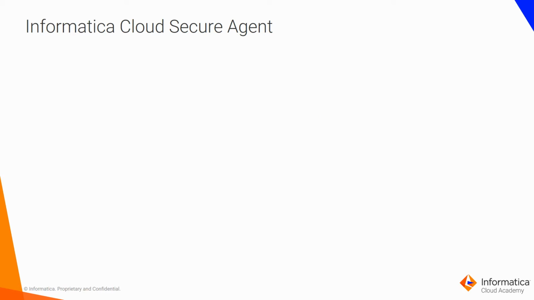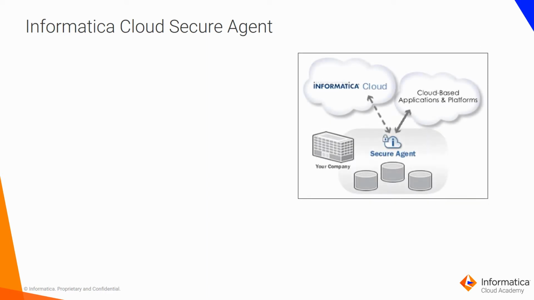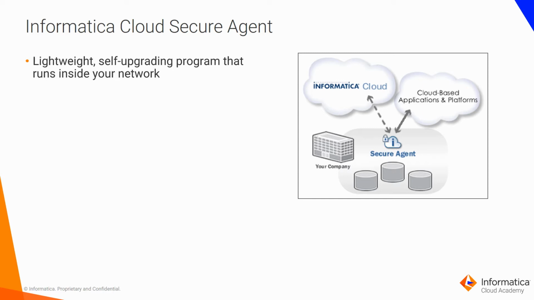In addition to the Informatica Cloud application and repository, there is a local component called the Informatica Cloud Secure Agent. The Secure Agent is a lightweight, self-upgrading program that runs inside your network. The Secure Agent is actually responsible for moving data directly from source to target.